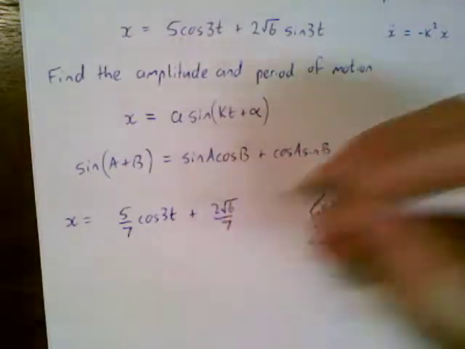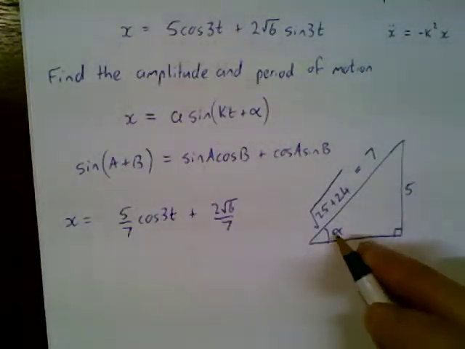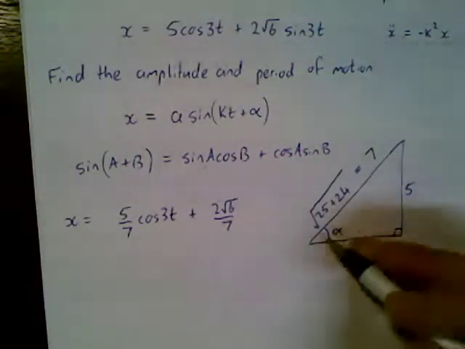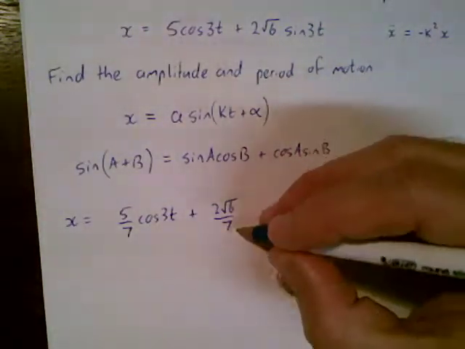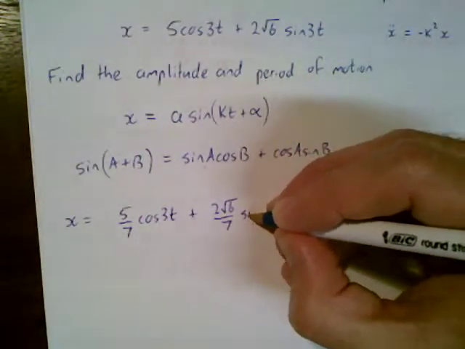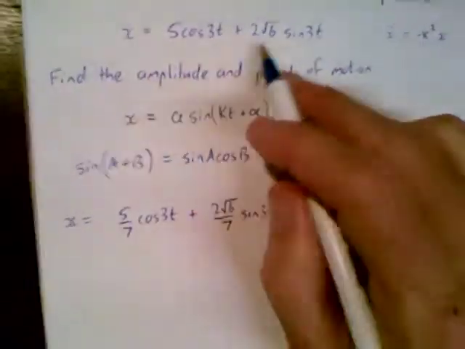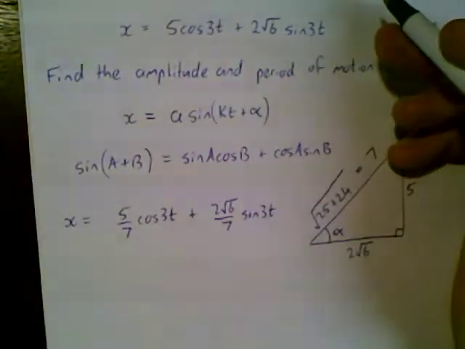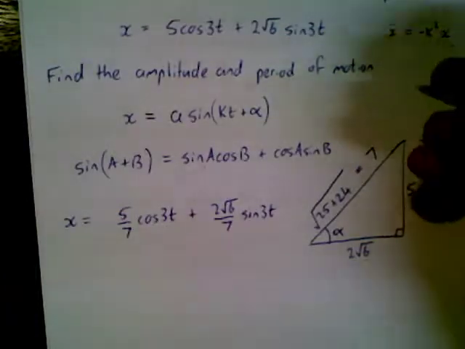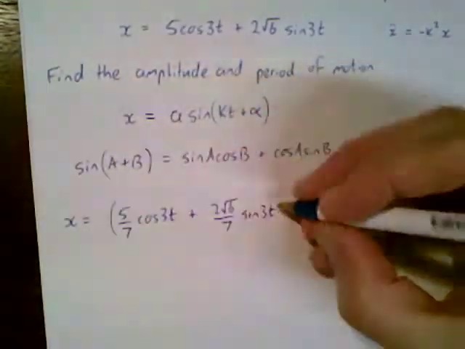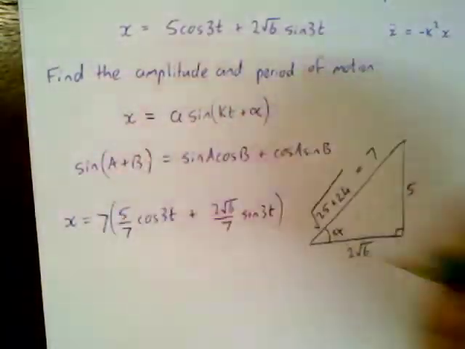The reason we put it over 7 is so that we generate cos alpha. Cos alpha is equal to adjacent over hypotenuse. So 2 root 6 over 7 of sine 3t. Now we can't obviously just go through and divide these coefficients by 7 without changing the equation. So to balance things up, we just need to multiply that whole equation by 7.